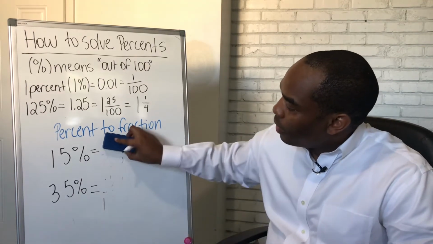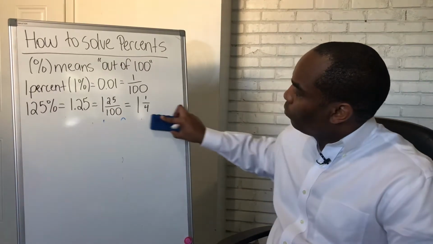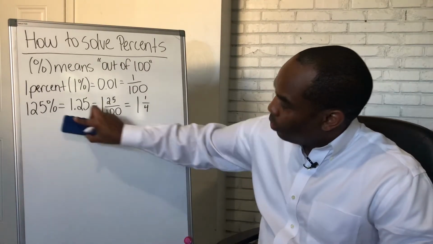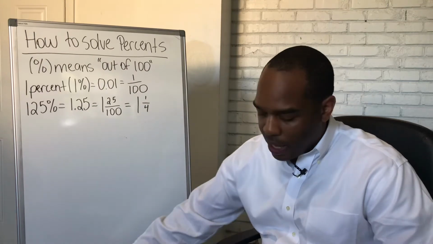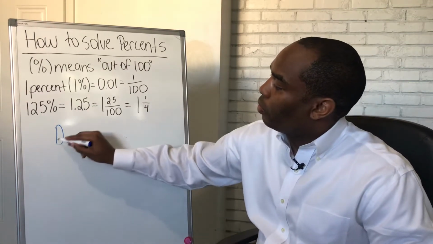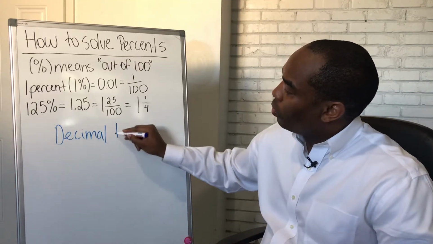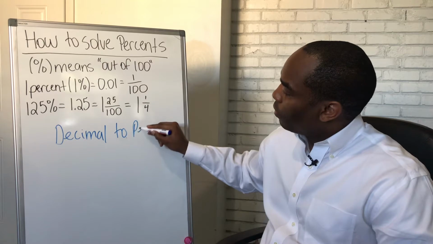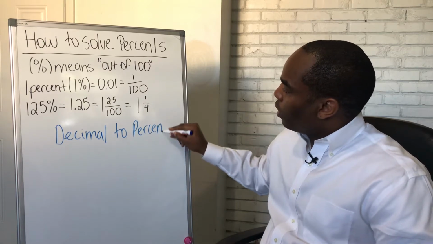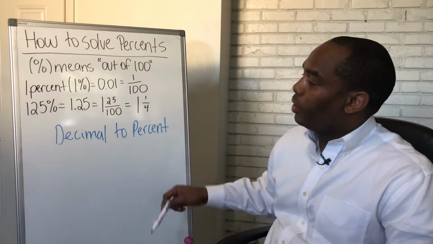All right, let's take a look at another type of problem. What if we are asked to go from a decimal to a percent? Well, let's take a look at a decimal.